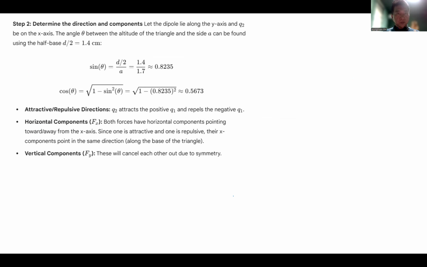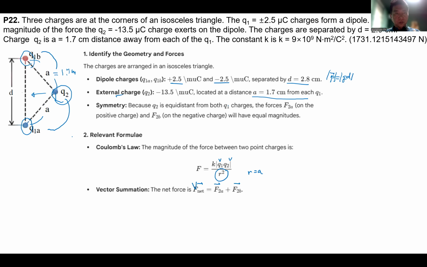And we have to think about the directions. The angle between the altitude of the triangle and the side a can be found using the half base, and we need to find out this angle. Okay. This angle is important to find the components, the horizontal component.